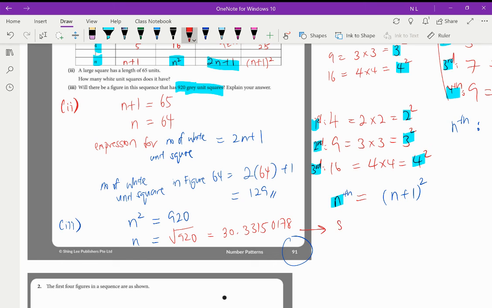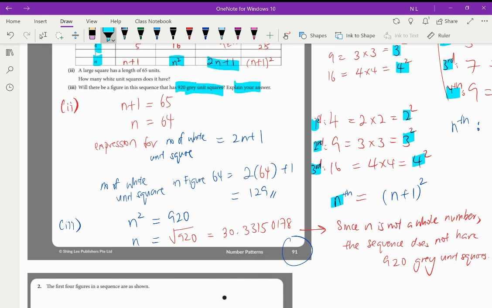It will tell us that since n is not a whole number, the sequence does not have 920 gray unit squares. So this is how you explain your answer. When they say explain your answer, after you have calculated the n value, you need to explain how you arrive at this conclusion.